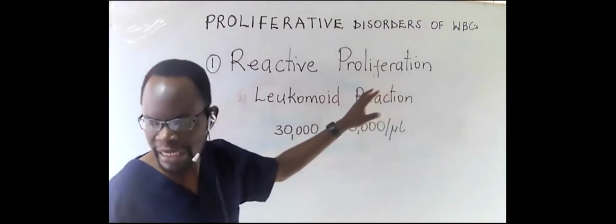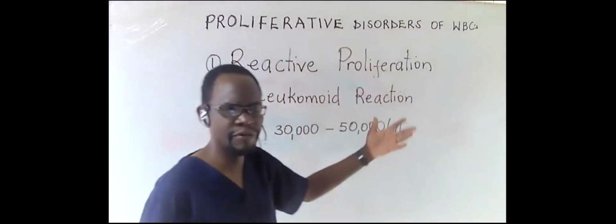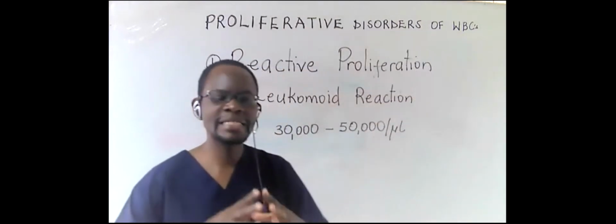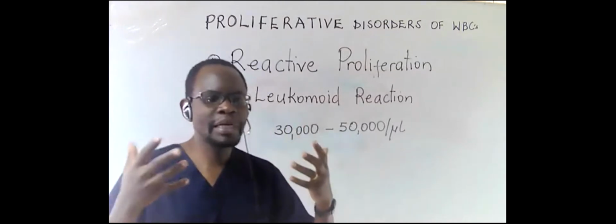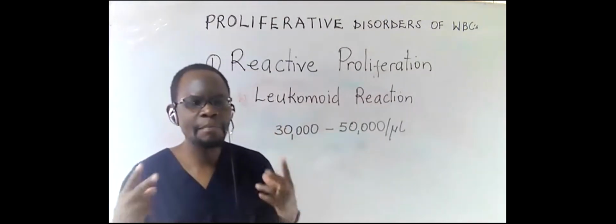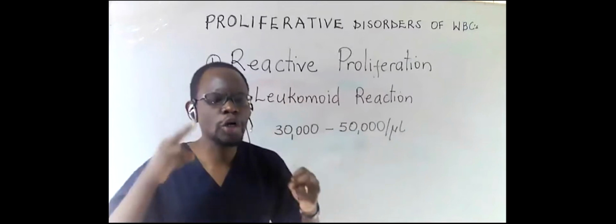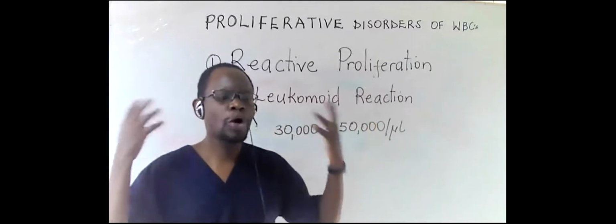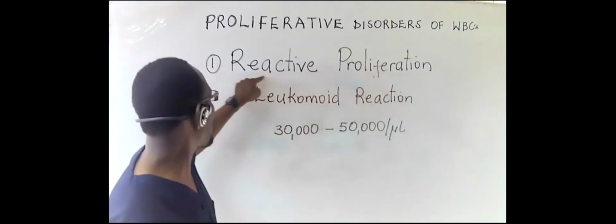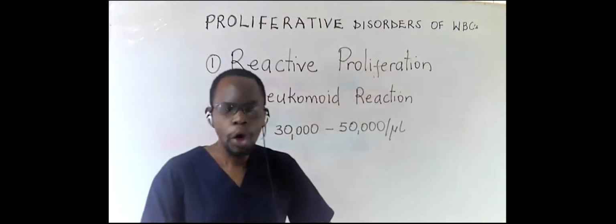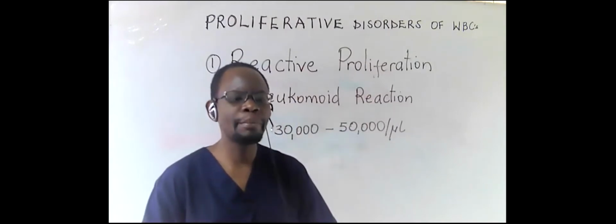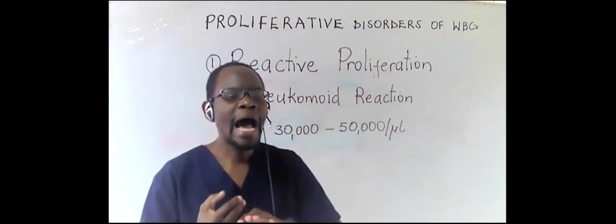I want to repeat a little bit before I go to neoplastic proliferation. When we talk about proliferative disorders of white blood cells, we basically mean the white blood cells increasing in number. When they increase in number, there can be two causes. It can be as a result of them reacting to something, what we call reactive proliferation, or it can be neoplastic, and in neoplastic we are going to talk about things like leukemia and lymphomas.